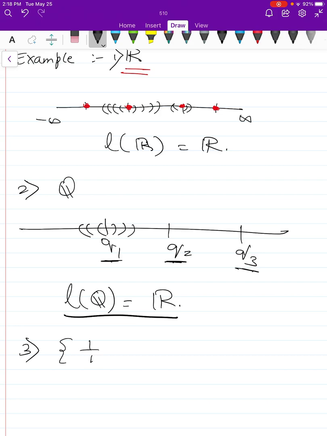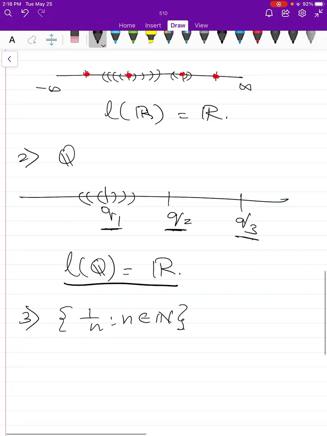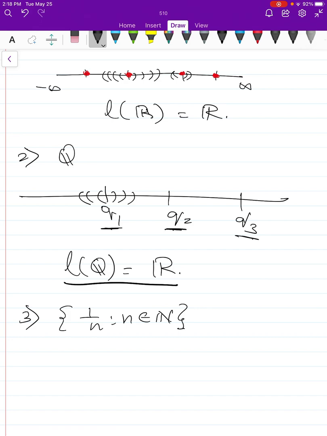Next, consider the set 1 over n, where n belongs to the natural numbers. What is the limit point of 1 over n? It has only one limit point, 0, because 1 over n tends to 0 as n tends to infinity.